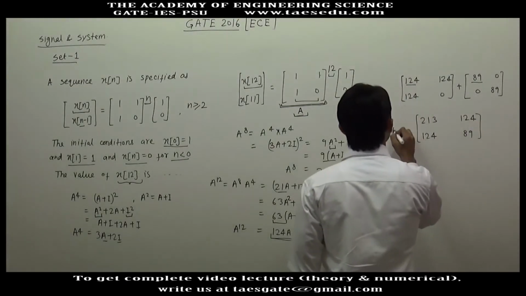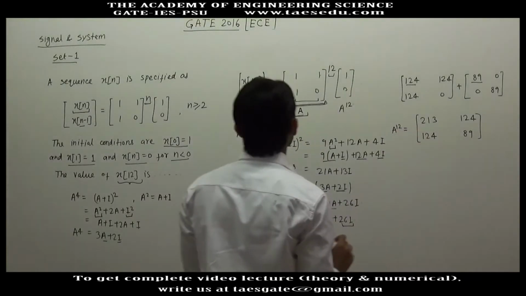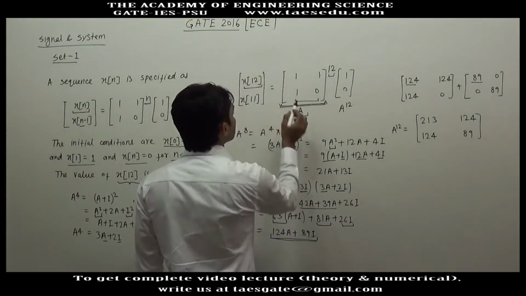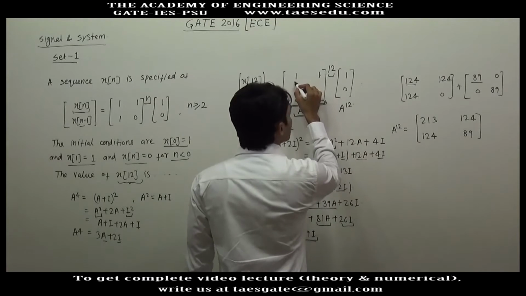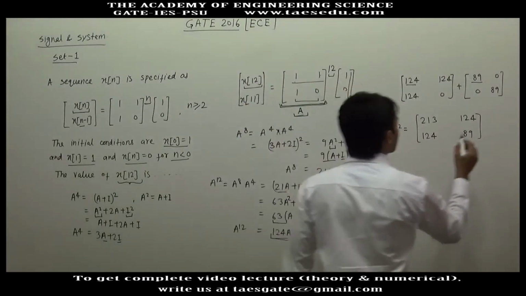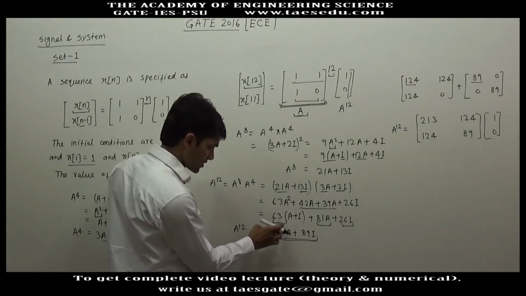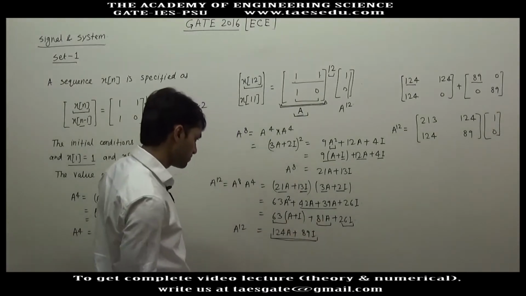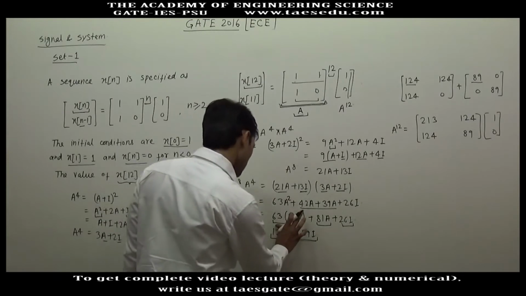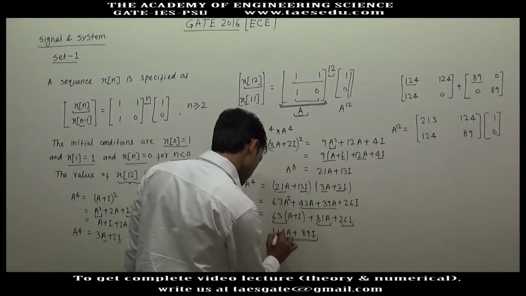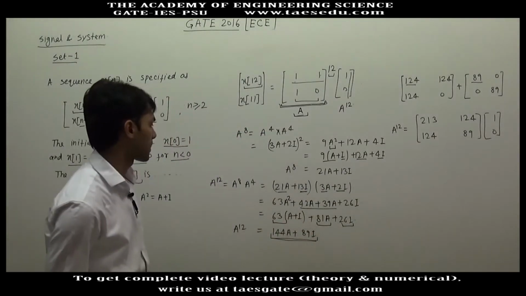This is A to the power 12, and x12 will be the first row of A to the power 12 into [1; 0]. Here there is a calculation mistake. 63 plus 81 will be 144 instead of 124.